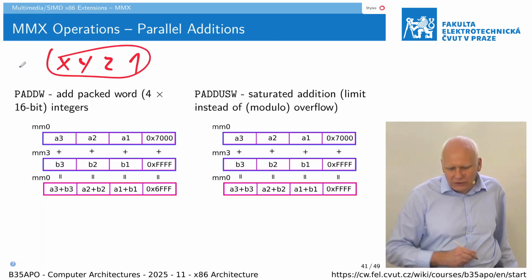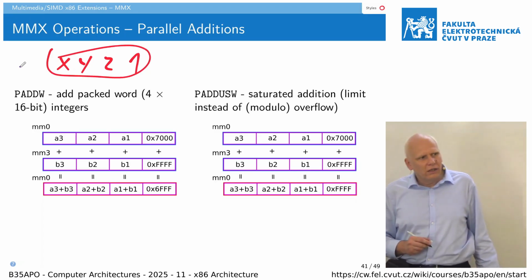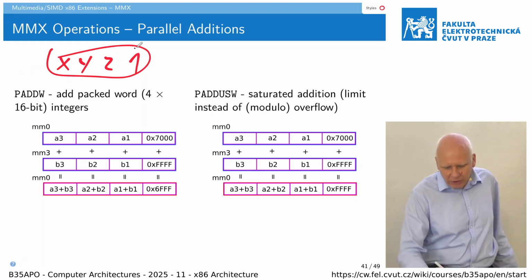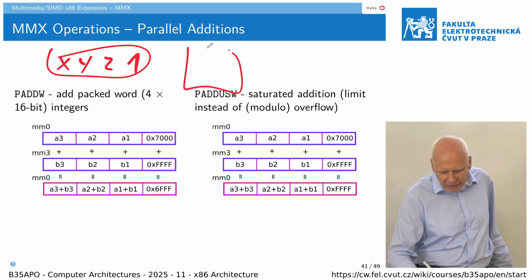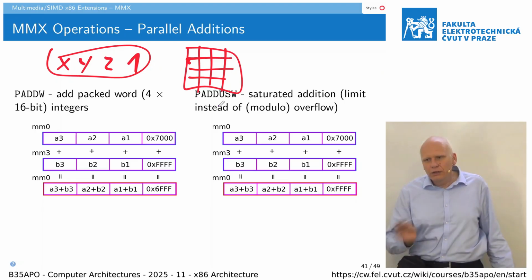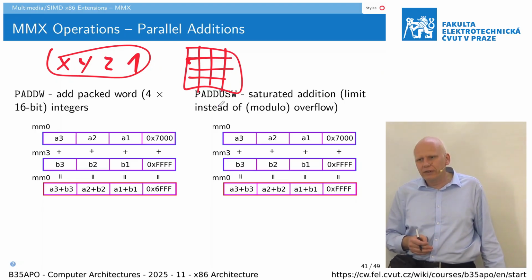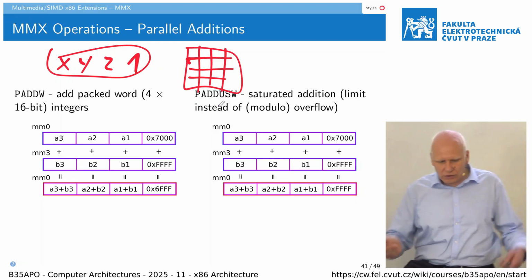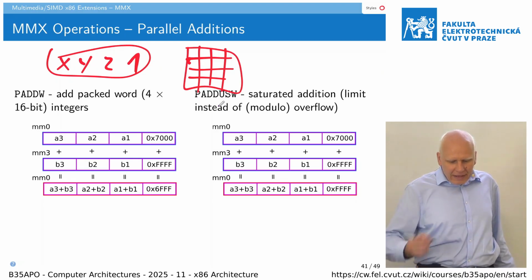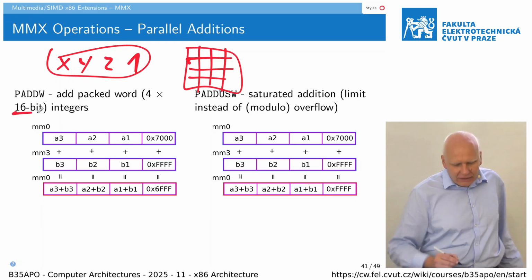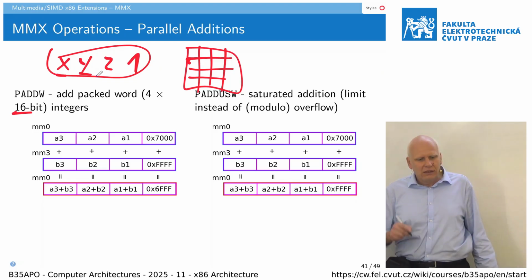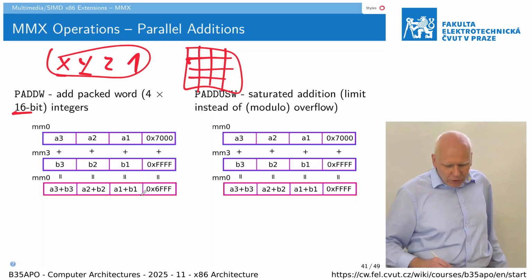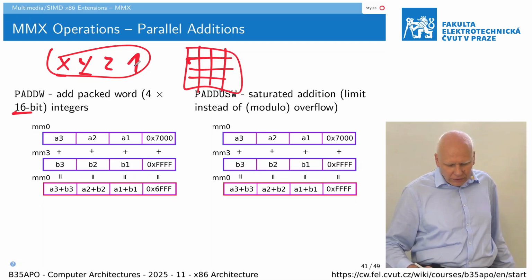And those vectors can be used for perspective transformation, because this 1 at the end allows even shifts, because if you then have a 4 by 4 matrix, with this setup you can do all the perspective operations, rotations and so on, in a very simple way. And if the 16-bit representation of the coordinates is enough in this case, then you can, for example, do the addition of two such vectors directly.